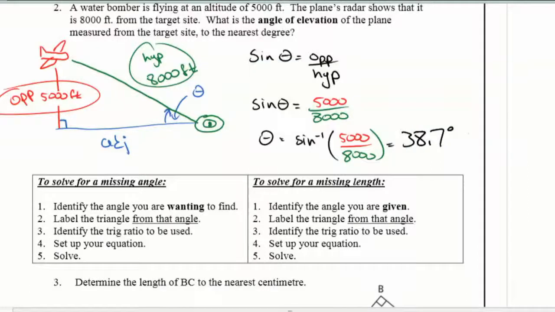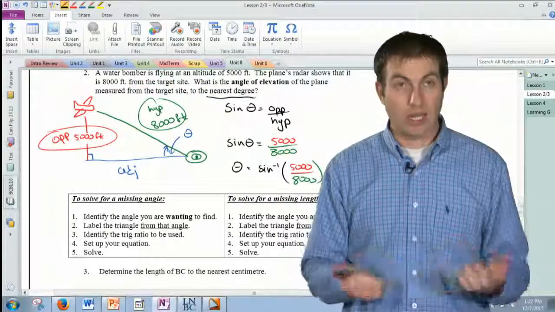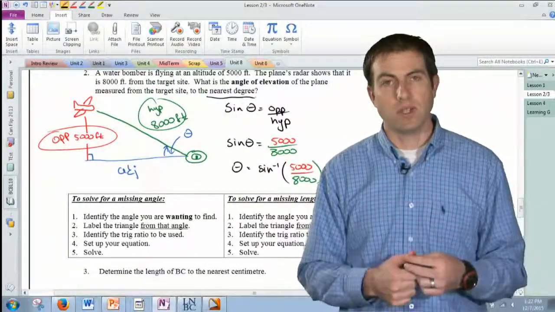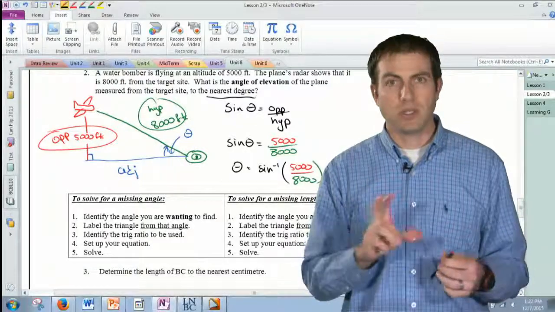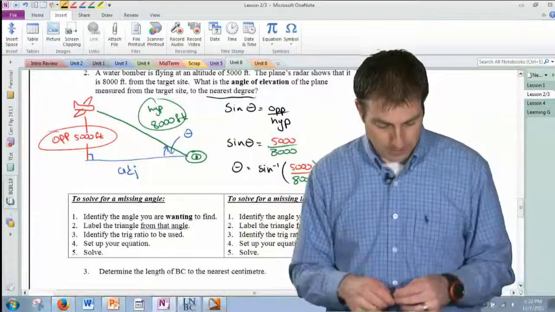To the nearest degree the question asks, so we'll call it 39 degrees. So that's what the question was hoping for. So there you go. You're given the length of the two sides, and you can find the angle given those things because the ratio between those sides is the same. It doesn't matter how big or small the triangle is.